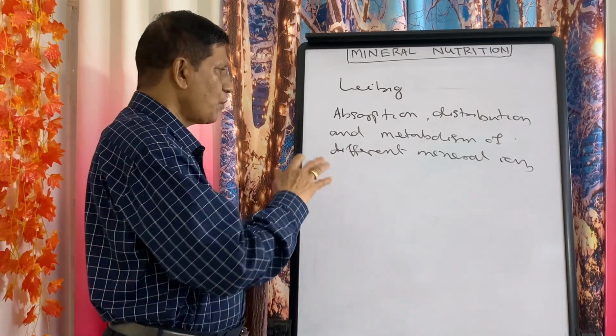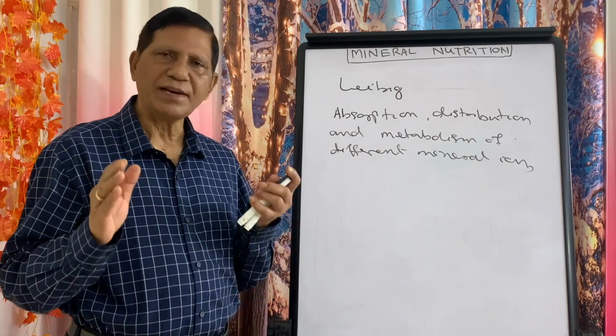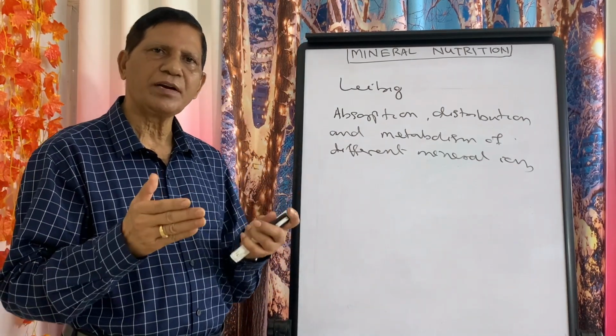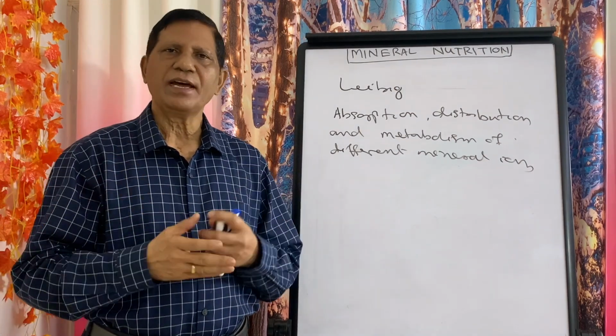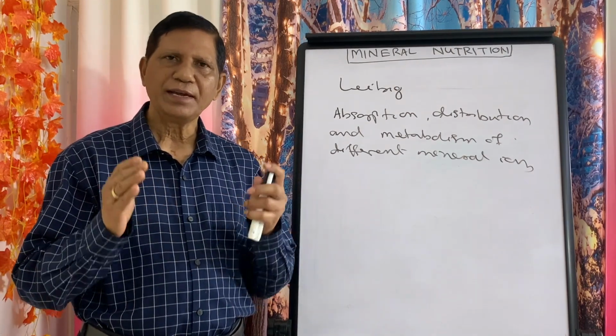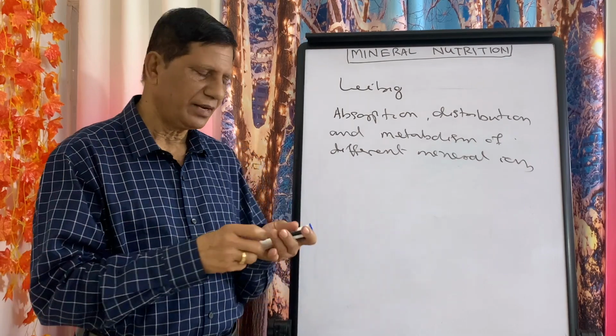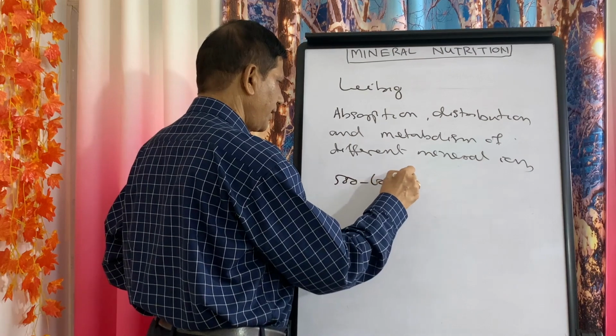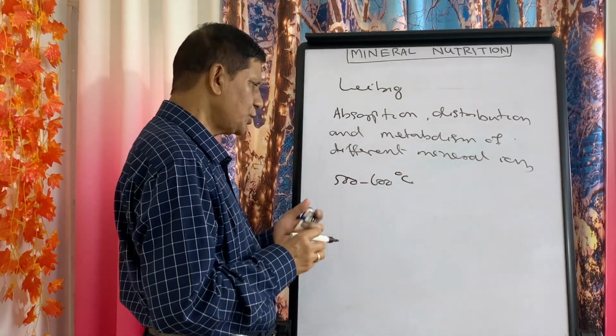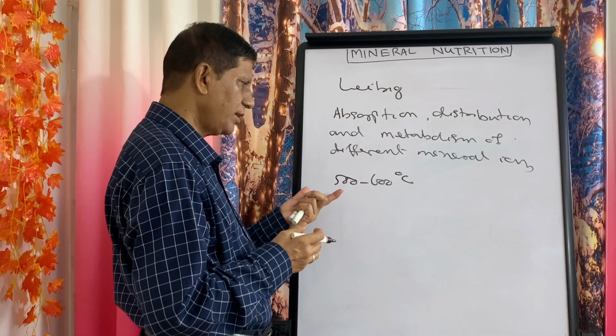But what are the different types of elements that are required by the plant? How will you know it? Easily we can know it. If a plant is burnt above 500 to 600 degrees centigrade, we cannot provide it in our homes.